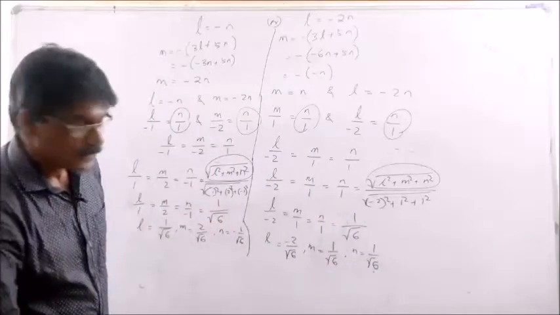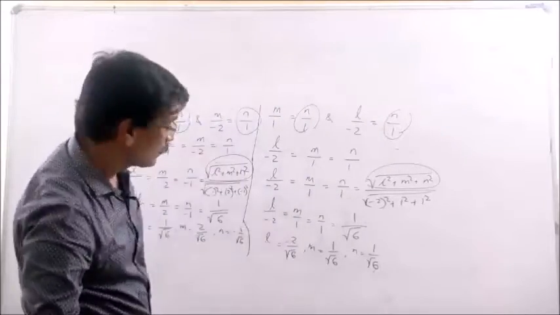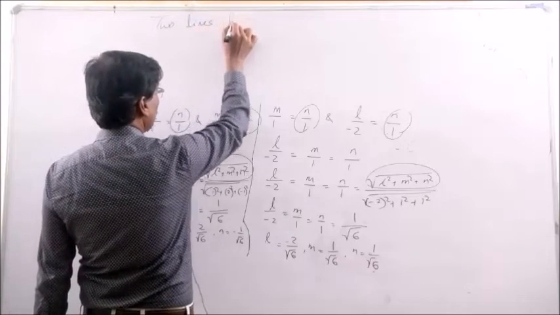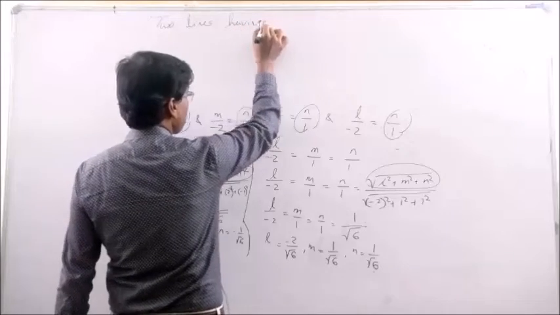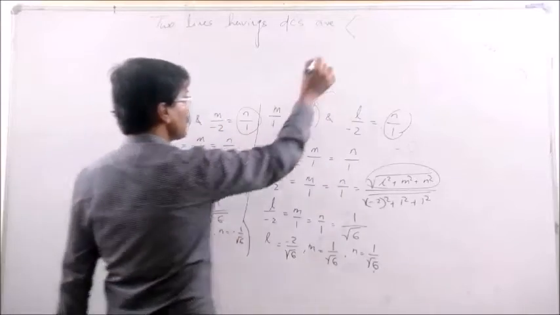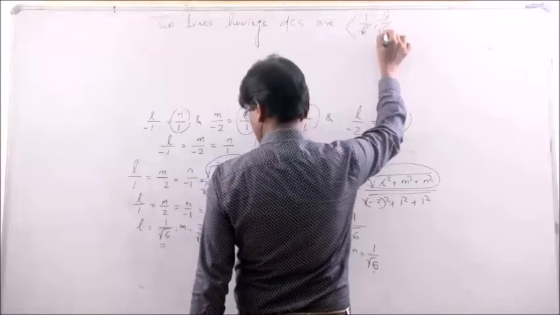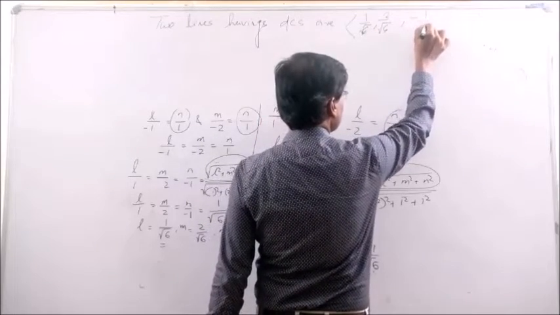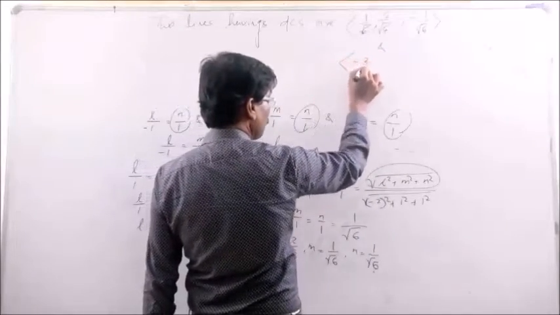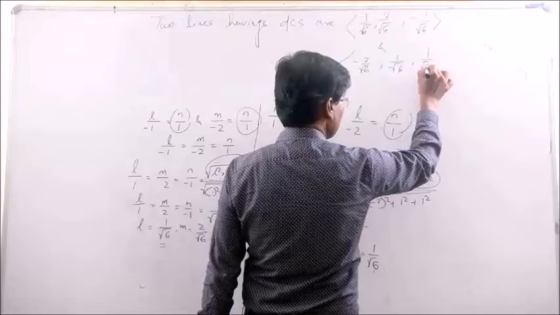So the two lines having direction cosines are 1 by root 6, 2 by root 6, minus 1 by root 6 and minus 2 by root 6, 1 by root 6, 1 by root 6.